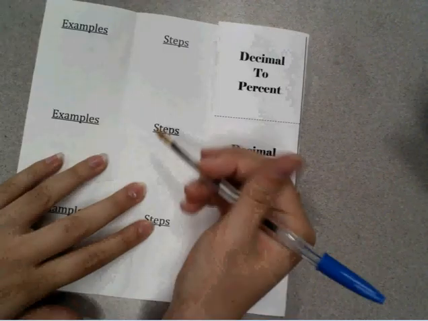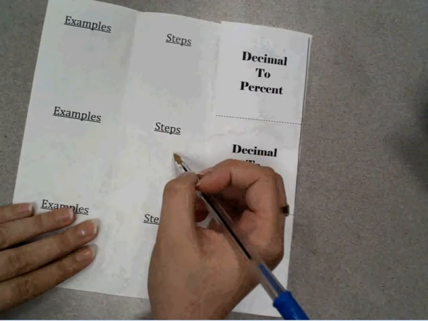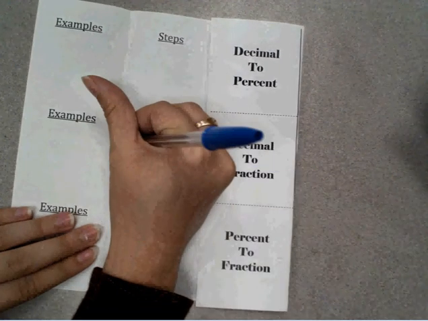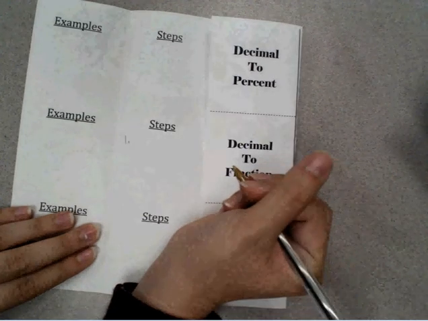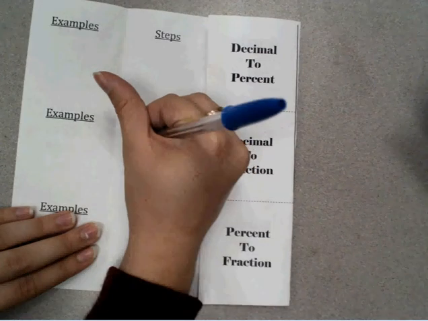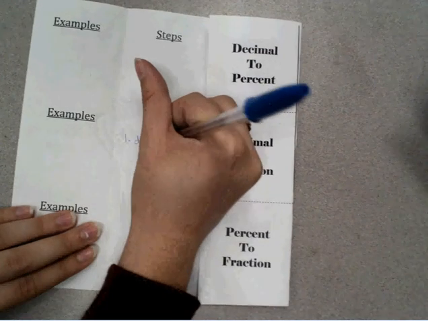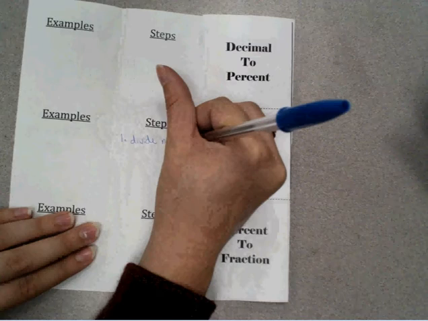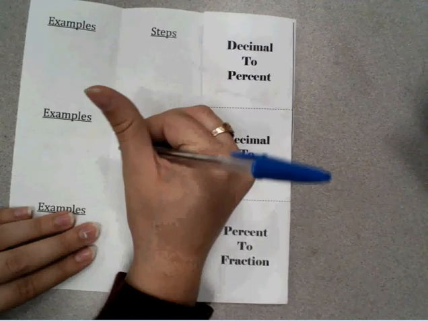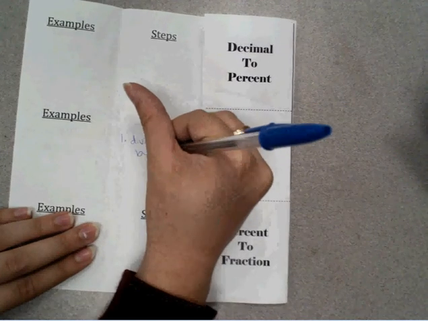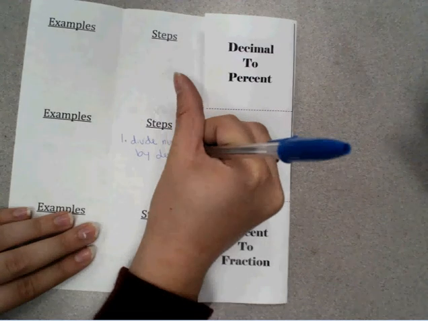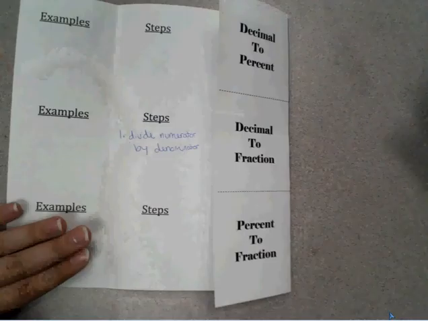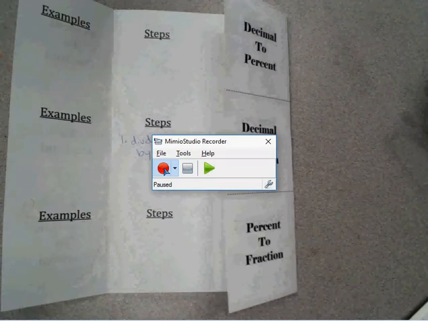So steps are fraction to decimal, just like what we looked at yesterday. The first thing you want to do is divide your numerator by denominator. And that's really all we have to do when we go from fraction to decimal.